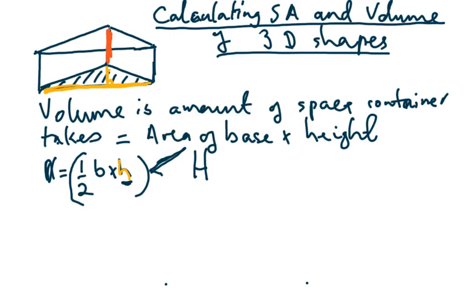So the volume, therefore, which I should have written properly, would therefore be given by half the base, there is our base, multiplied by the perpendicular height, and that would be the height there.